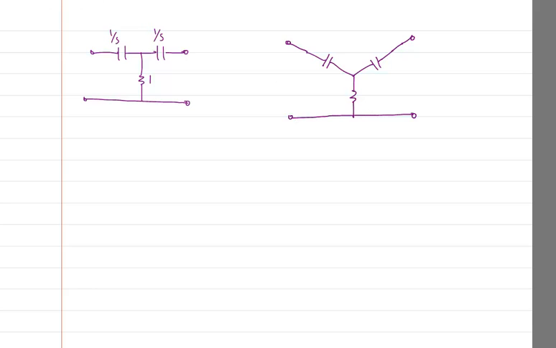How? We can draw a delta network which basically looks like this. Here you are going to have some value. Similarly, here you are going to have some value. And here you are going to have some value. Correct?